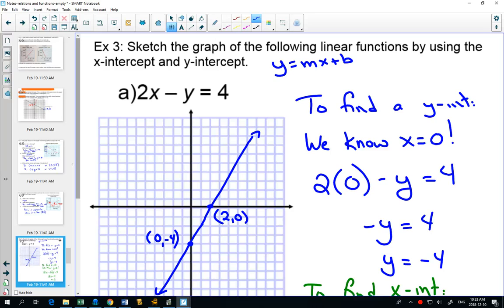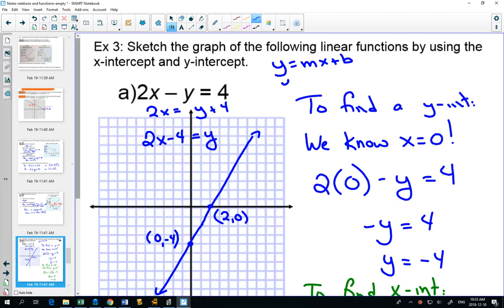In this equation, could you get the y all by itself? It would probably be easiest if you move the y to the right-hand side. If I add y to both sides, I'd get 2x equals y plus 4. And then if I subtract 4 on both sides, I'd get 2x minus 4 equals y.